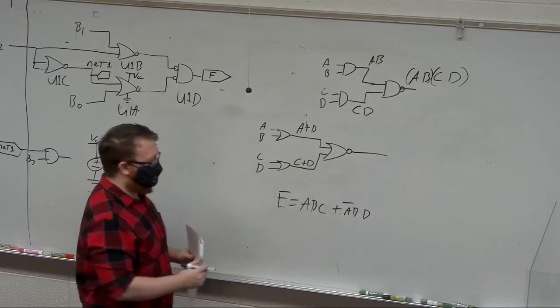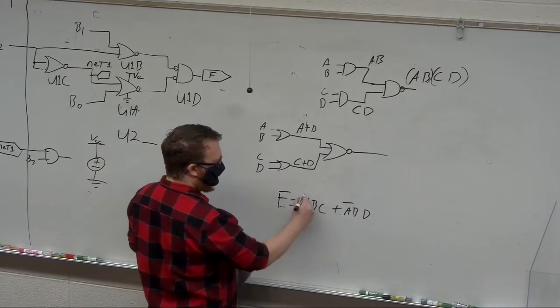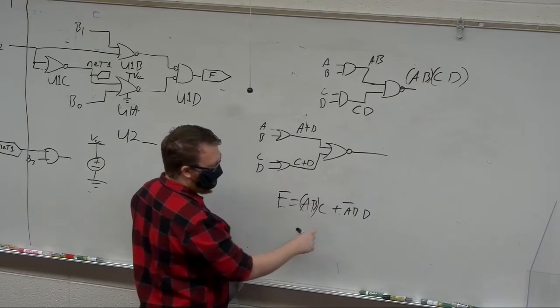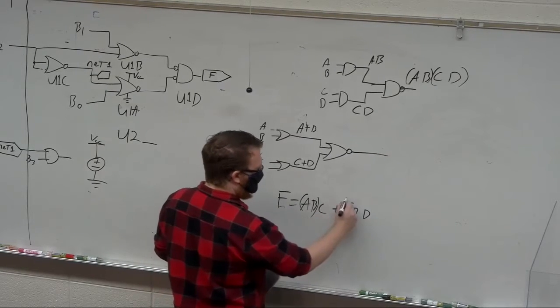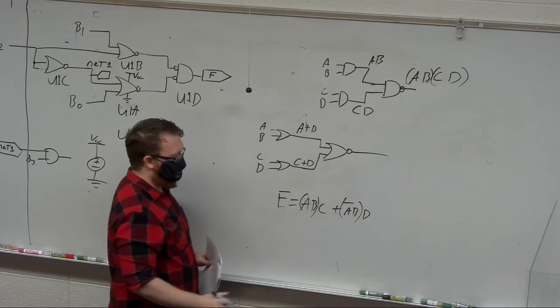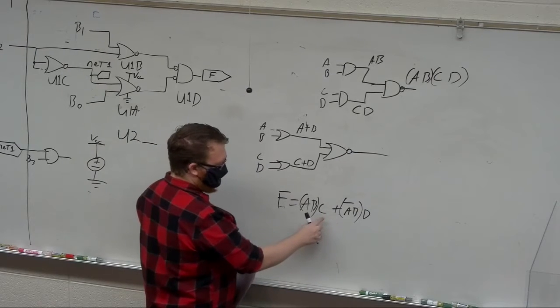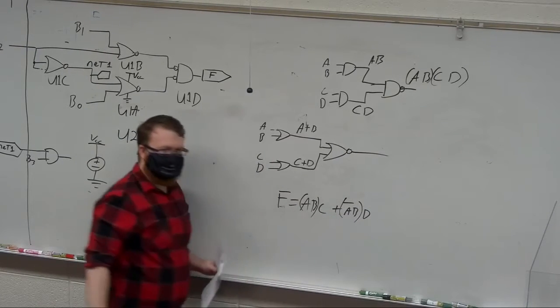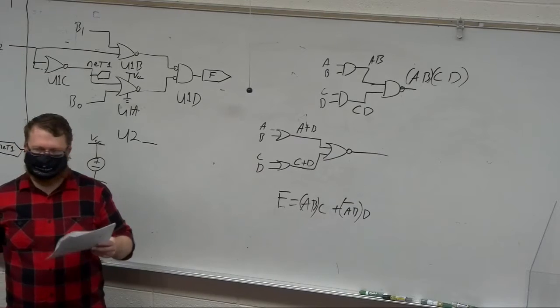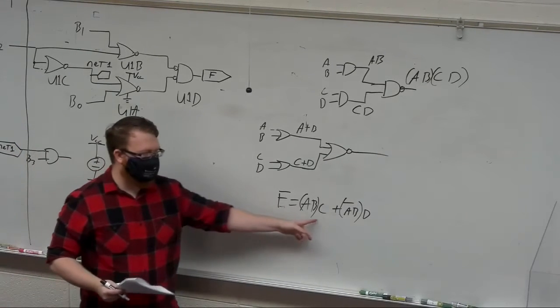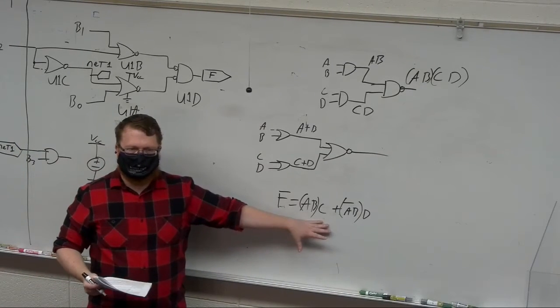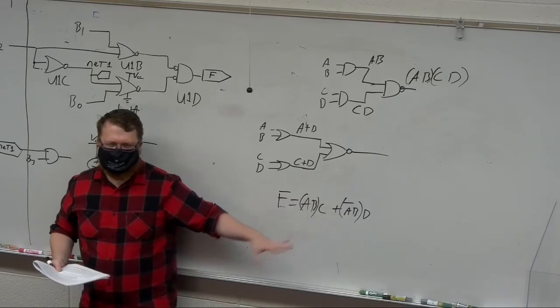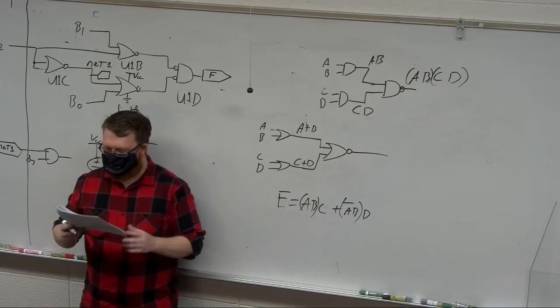I may start adding parentheses, because I only have 2 input AND gates. So I'm going to do an A and B and a not A and B as one of those inputs, and then the OR gate is just going to stick those together, right? So using parentheses to explicitly pair things together without changing the function is a good way if you're not quite sure how to build it in logic.